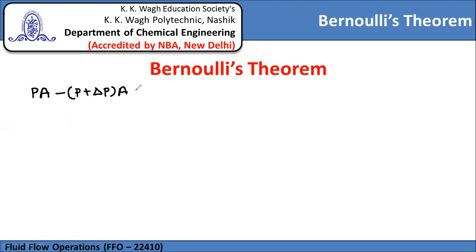And the third force due to the weight of the fluid element will be rho A delta L G cos theta. It will again act in the opposite direction of motion, so we will consider it as negative.